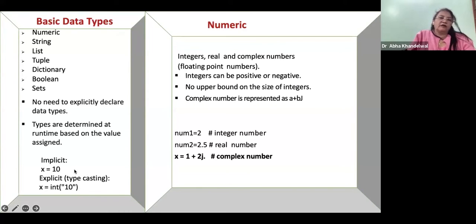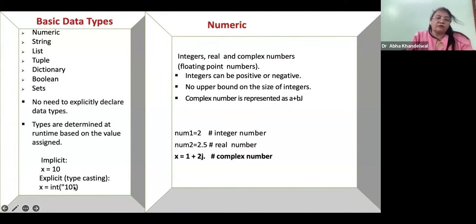This is implicit because you have assigned 10, which is an integer by default, so an integer value will be assigned to x. Explicitly, you can also assign the value, which is sometimes needed. There you can write x equals int of 10. See, in the brackets, 10 is written in quotes. That means this is a string.